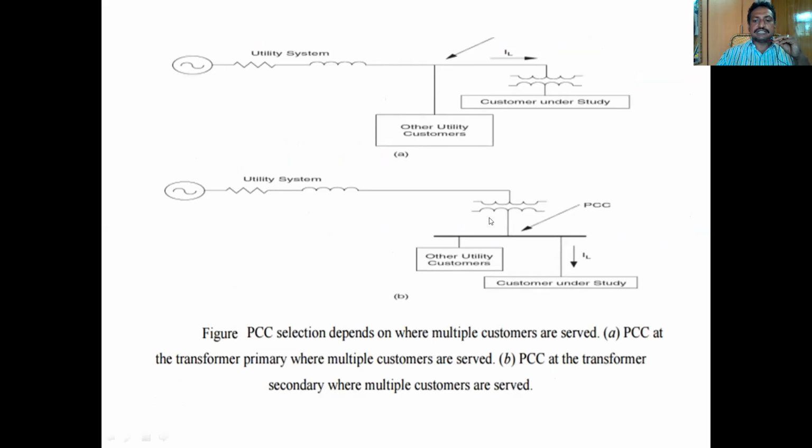For example, on the secondary side, this is the primary of the transformer and this is the secondary of the transformer. Here, all the utility systems are connected, so we place the point of common coupling here. So PCC is located here. So this is how we select a point of common coupling. It depends on whether the harmonics are produced on the primary side or secondary side of the transformer.